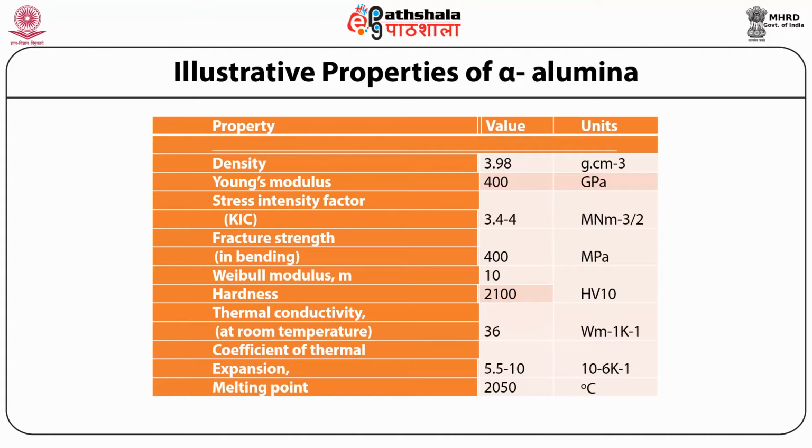The stress intensity factor is 3.44 with units of MN m^-3/2. The fracture strength in bending is 400 megapascals, whereas the coefficient of thermal expansion, alpha, varies from 5.5 to 10 times 10 to the power minus 6 per Kelvin. Moreover, the melting point of alpha alumina is 2050 degrees Celsius.